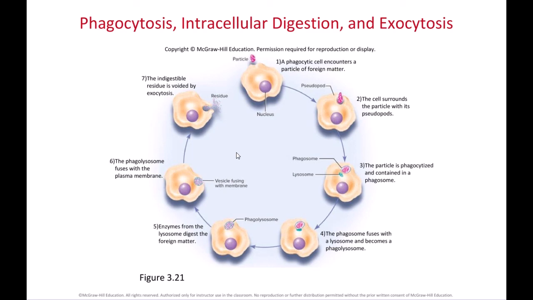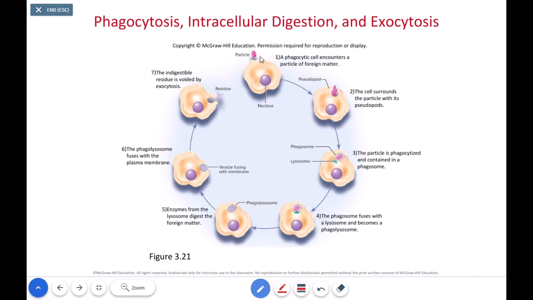Here's a good example of a cell going through phagocytosis and exocytosis. We have a cell that finds a particle of foreign matter and wants to consume it. It will extend a pseudopod to wrap around the particle, wrap it in cell membrane, and bring it inside.